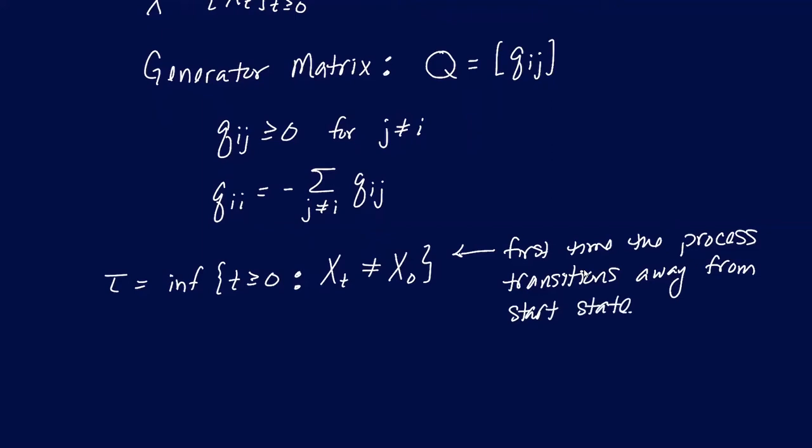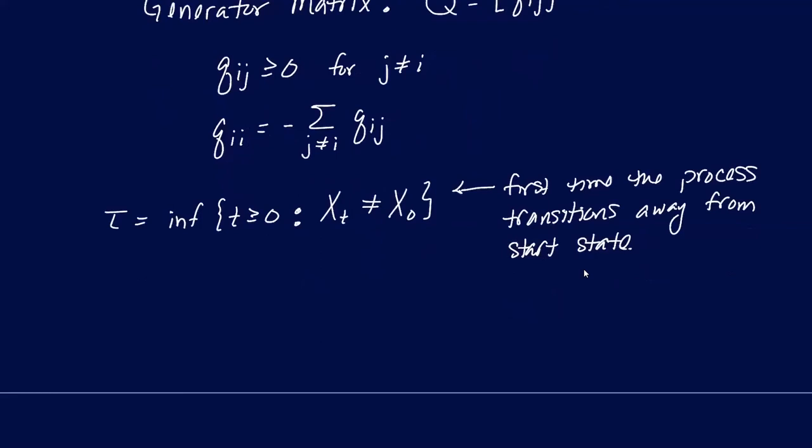Given what we just talked about, this should have an exponential distribution, and it's given here as having an exponential distribution with rate equaling negative Qii. Note that that is positive because Qii is negative.